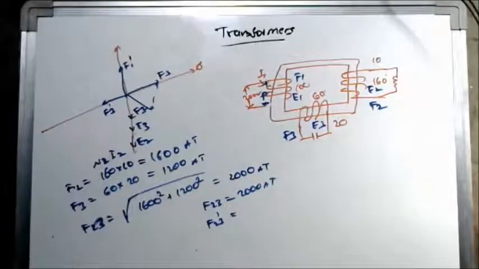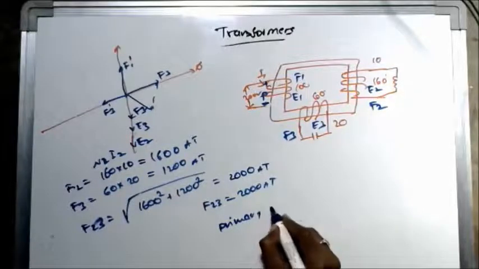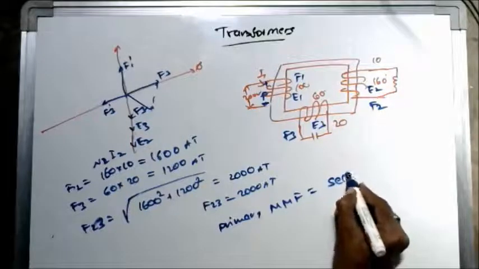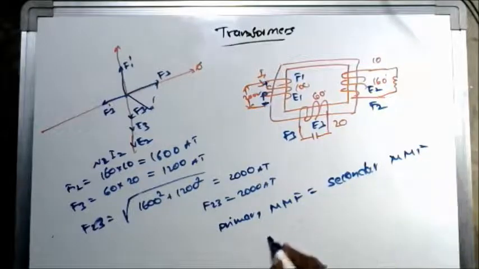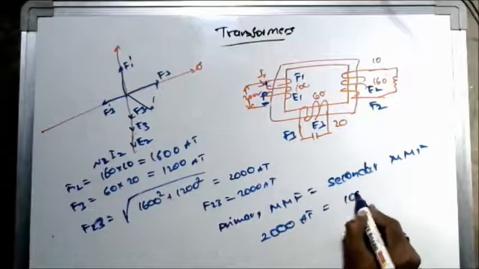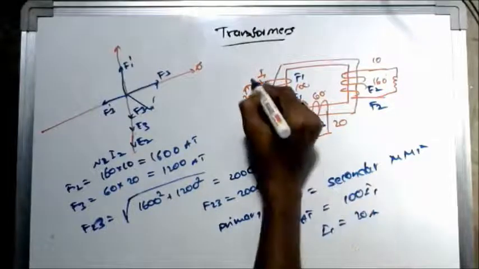According to the MMF concept, primary MMF is equal to secondary MMF. So 2000 ampere turns is equal to 100 into I1. So I1 is equal to 20 amps. Here 20 amps will come.